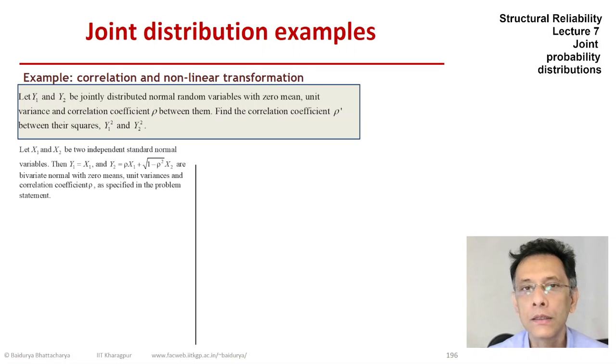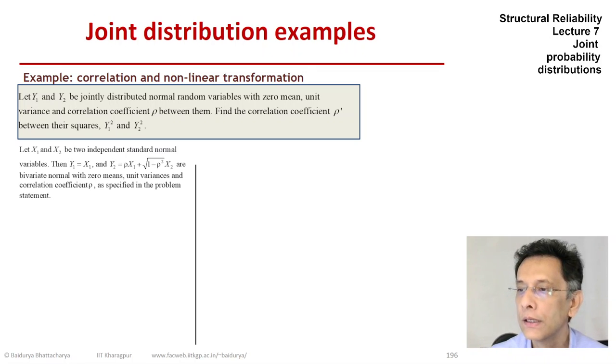And the variance of y2 would again be the sum of the variances of x1 and x2 multiplied by rho squared and 1 minus rho squared respectively, and that also checks out to be equal to 1.